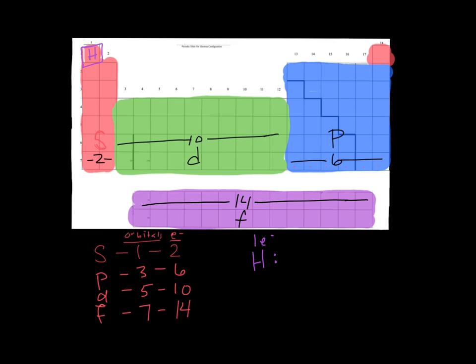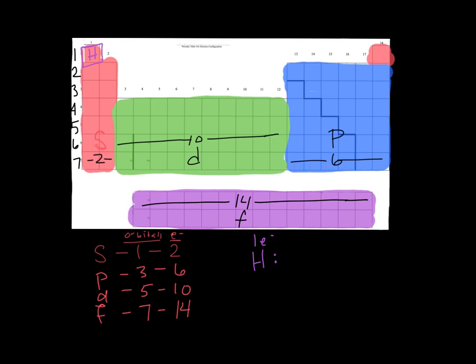and so we use the period numbers, which you can't see very well, so I'm going to rewrite them over here. This is 1, 2, 3, 4, 5, 6, and 7.